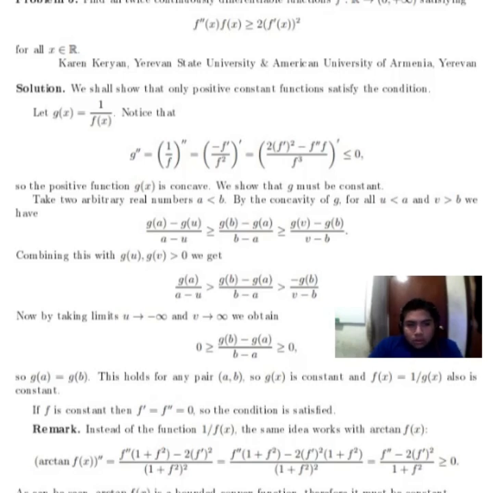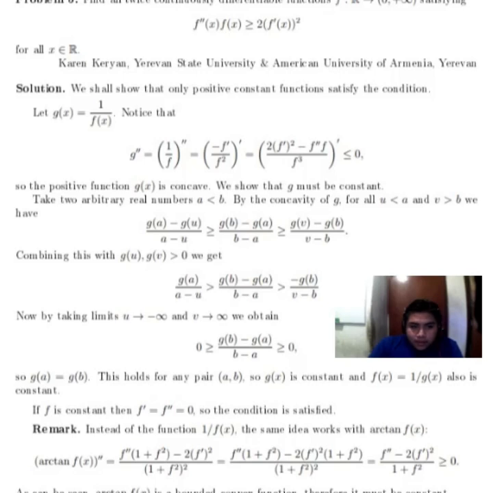This holds for any pair a, b, so g of x is constant, and f of x equals 1 over g of x is constant.